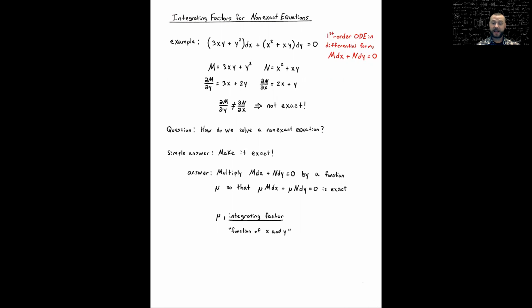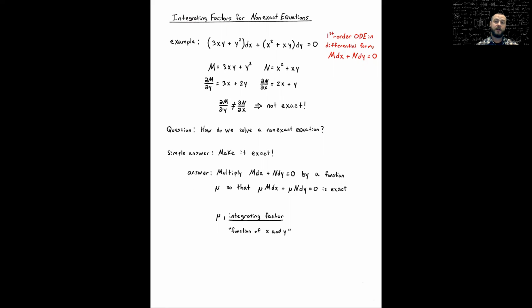The more complete answer of what we'll be doing is we're going to multiply the differential equation in differential form, M dx plus N dy equals 0, by a function, mu, the Greek letter mu.